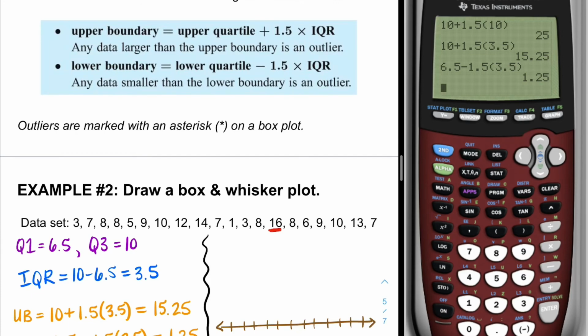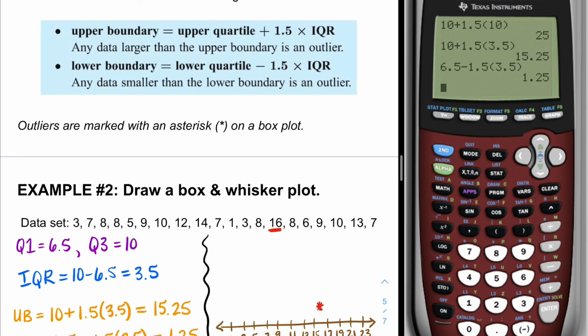Okay, so I'm going to go by twos. I can actually do 1, 3, 5, 7, 9, and so forth. Okay, so my outlier is 16. I'm going to put a star where 16 would be, in between there.